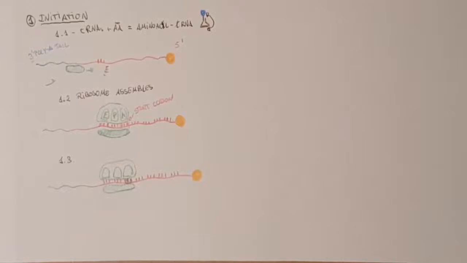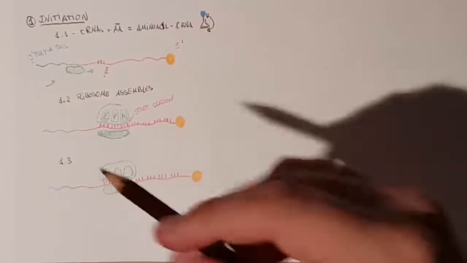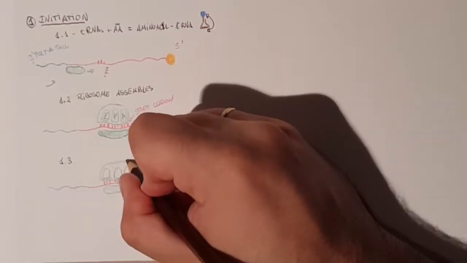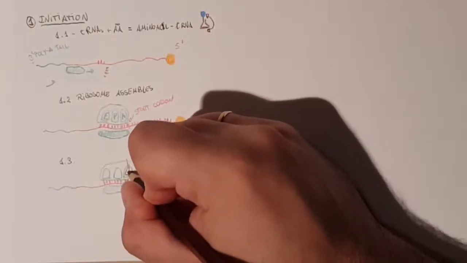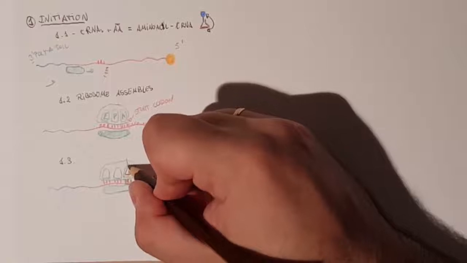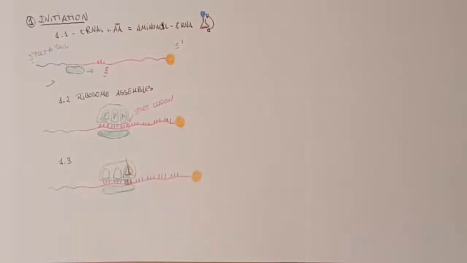Okay, perfect. In 1.3, the amino acid tRNA that belongs there, complementary to the first codon, is going to enter here, because the sequences between this anticodon and this codon are complementary.